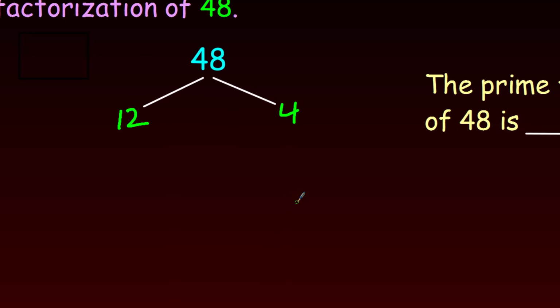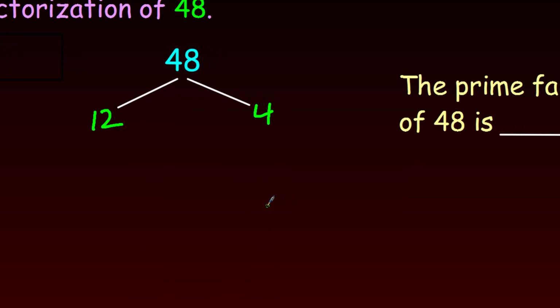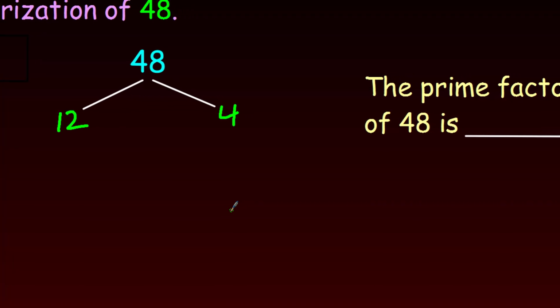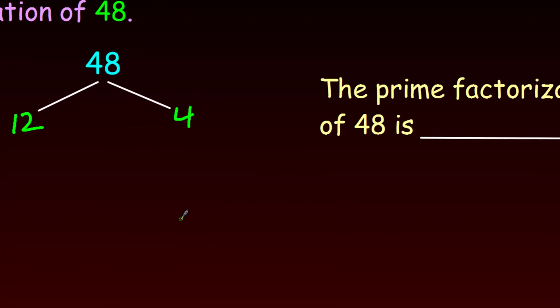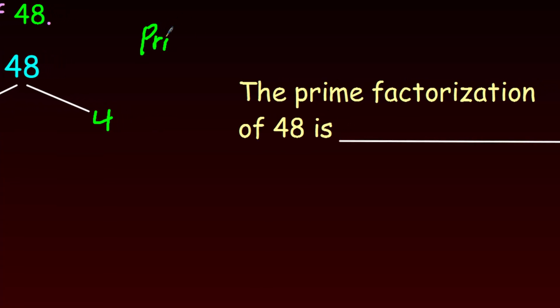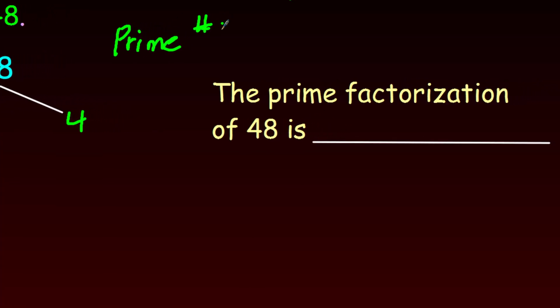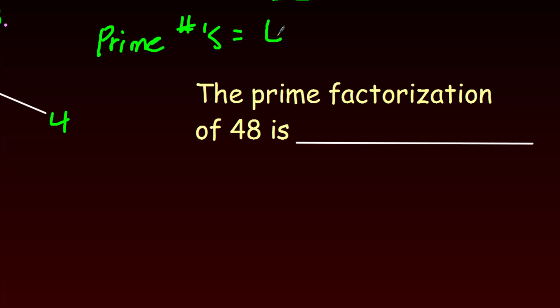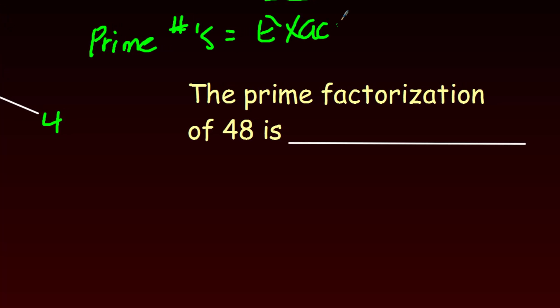Now what you do with the prime factorization when we're doing the factor tree is we're factoring all of the numbers into what we call prime numbers. And remember, this is just a review, prime numbers are those numbers that have exactly two factors.